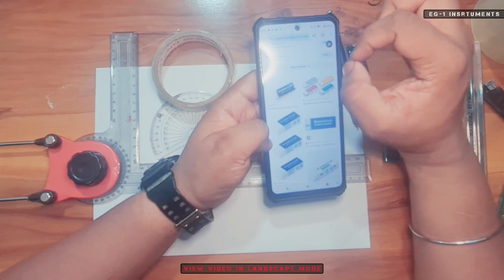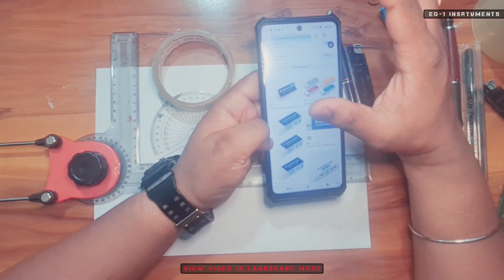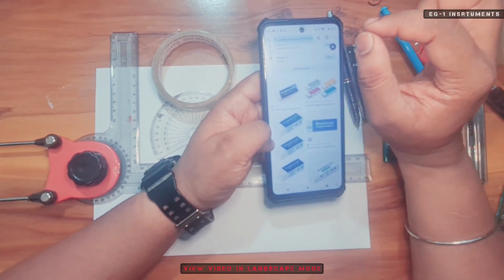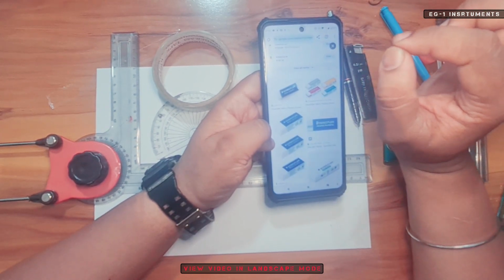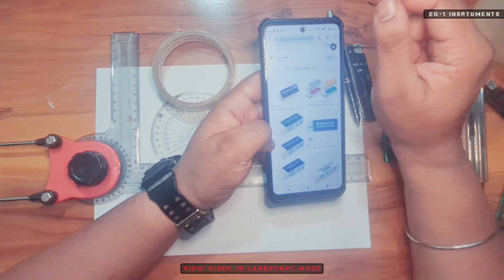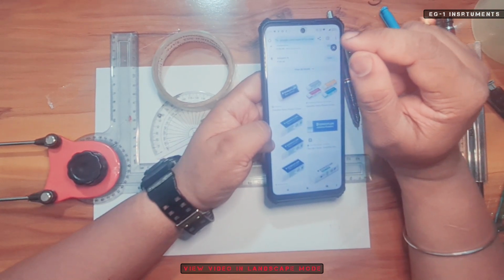This is a very good rubber, it doesn't become hard, and it doesn't produce any dust, and it takes off the pencil carbon.